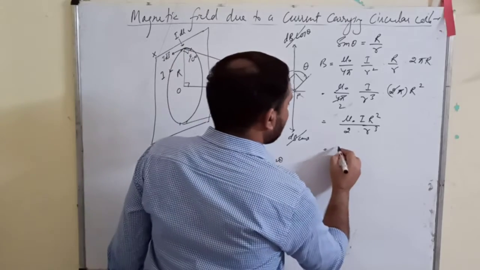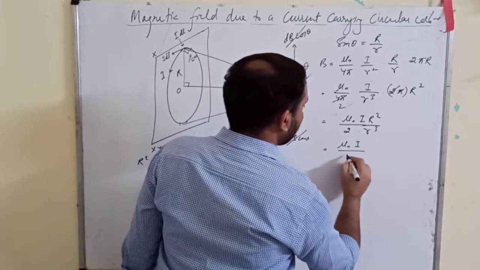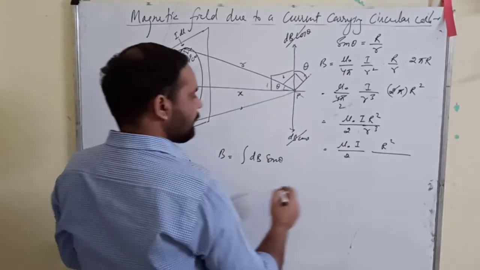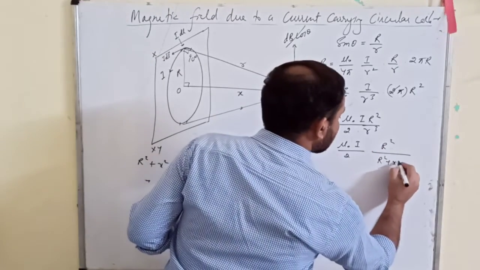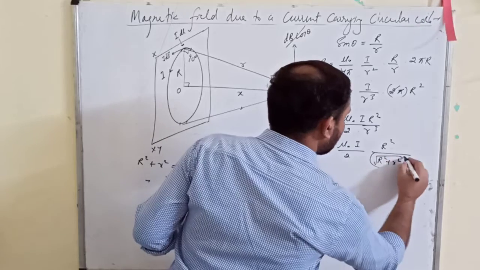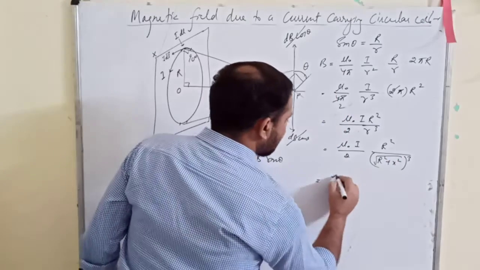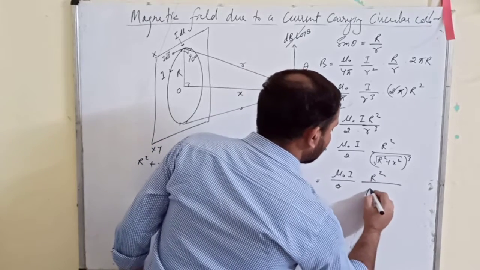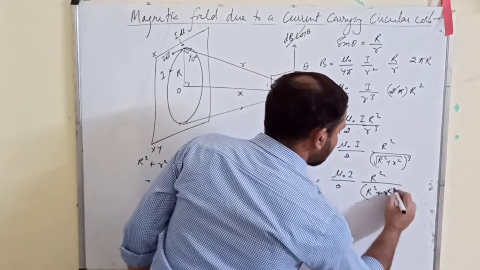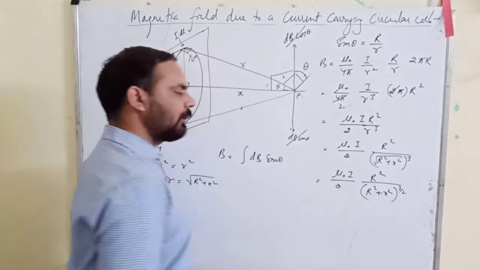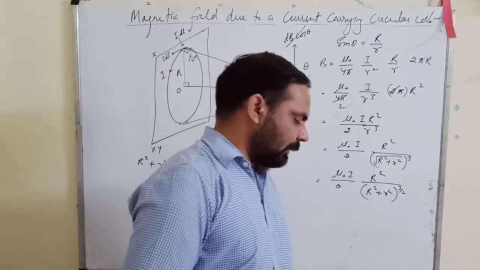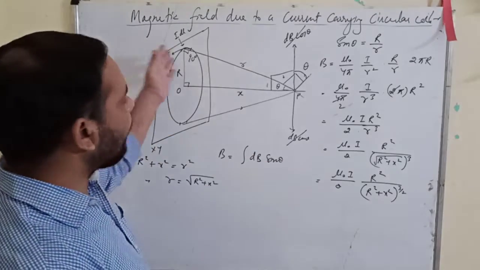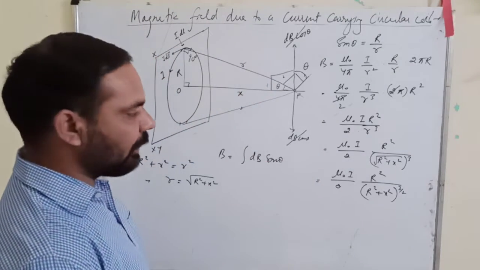This is mu naught I upon 2 r square upon r square plus x square under root raised to the power 3, or simply mu naught I upon 2 r square upon r square plus x square raised to the power 3 by 2. So this is your formula for the magnetic field due to a current carrying circular coil.